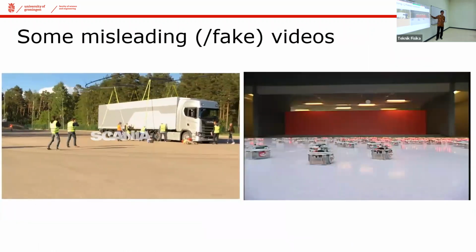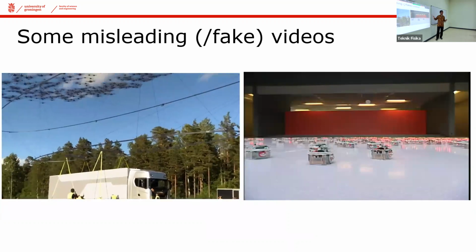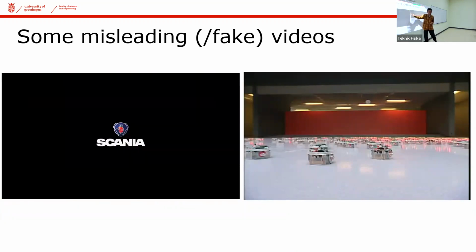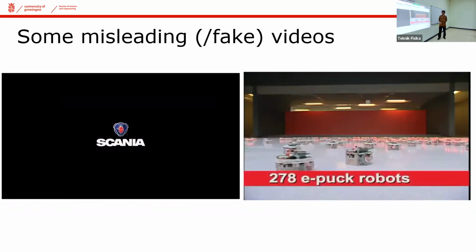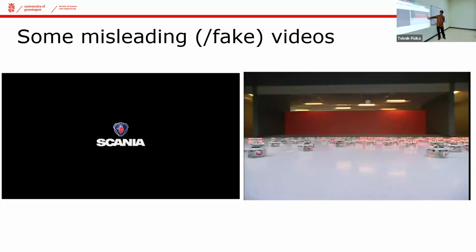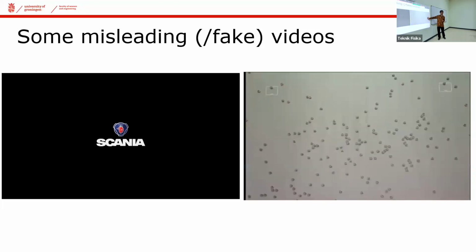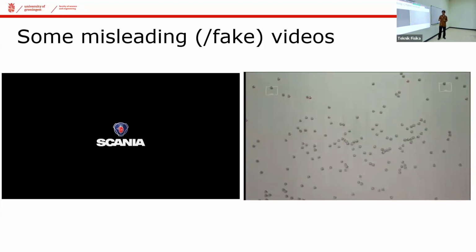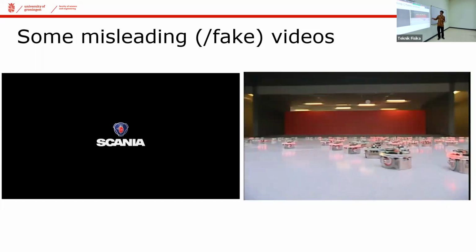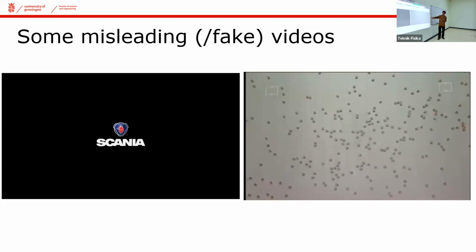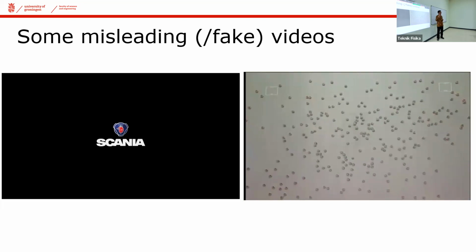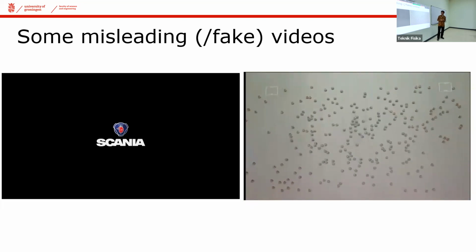Of course, we've seen a lot of nice movies on the internet. One of them is like this one. It's drones lifting a container, or even in this case, scientists have tried to showcase that they are able to design algorithms such that many, or I would say thousands of, small mobile robots are able to form a very nice formation.